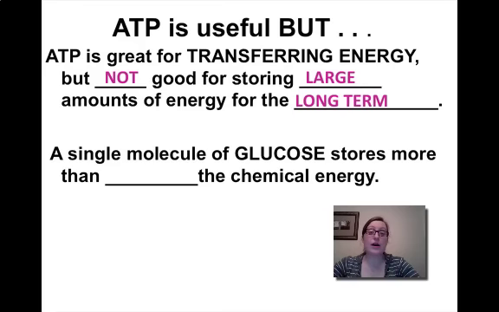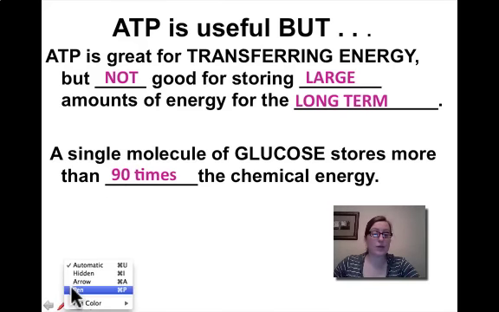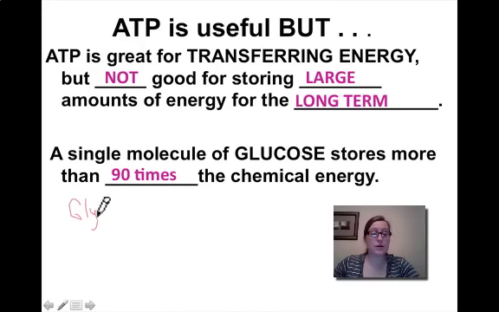However, if we are making a lot of energy and we want to store it longer, then we're going to store it in our glucose molecule. Okay, and remember when we talk about storage in animals, we're going to store our glucose as glycogen. Remember, that's the polysaccharide.